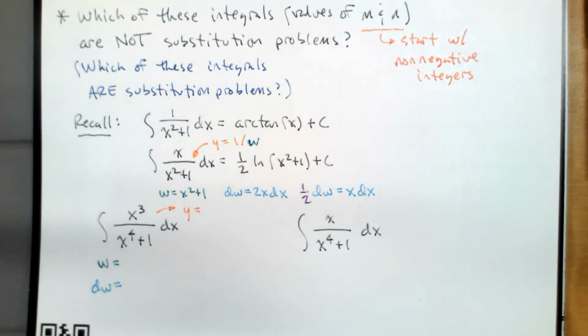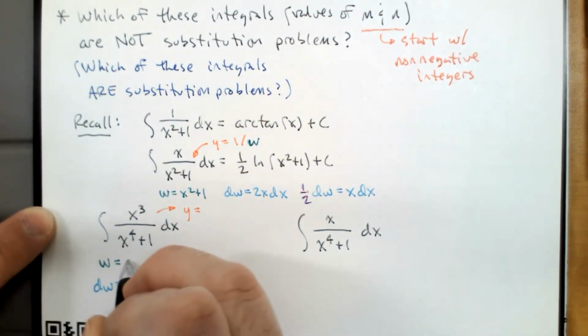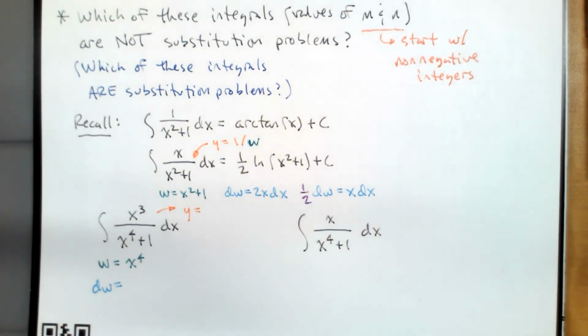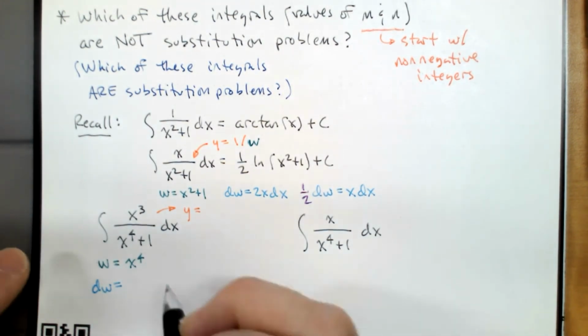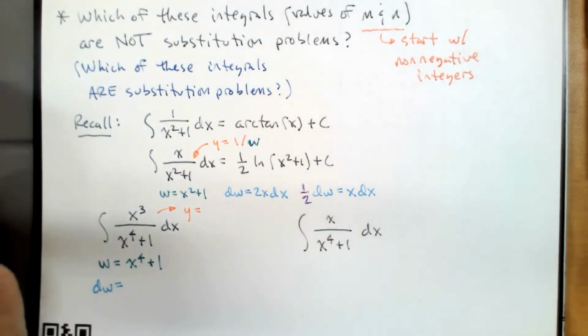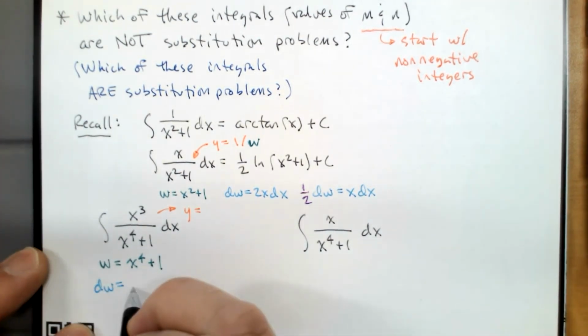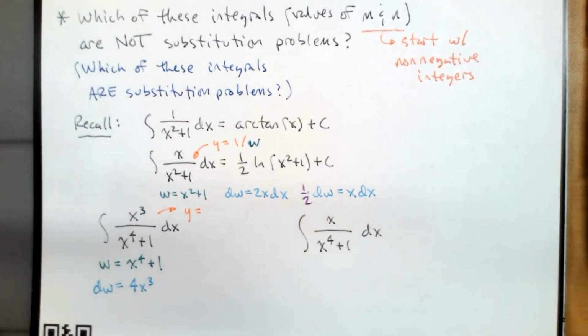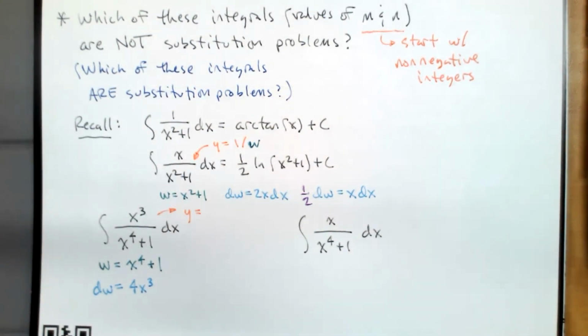I like it. So my suggestion would be w equals x to the fourth, but that would give us a w plus 1 in the denominator. We saw problems where that was inconvenient, but the rest is just plus 1. So I like that. Then dw can be 4x to the third. We're going to turn this around.